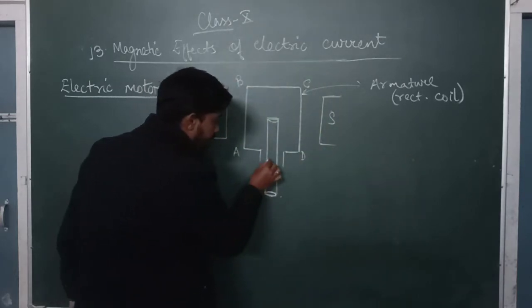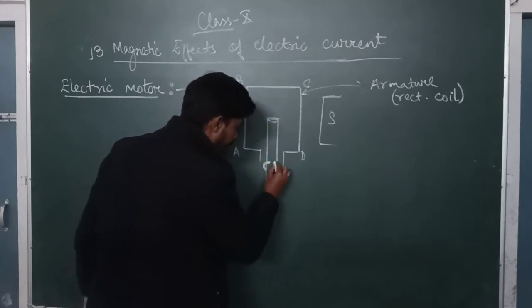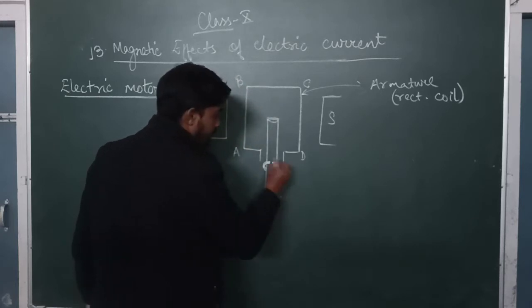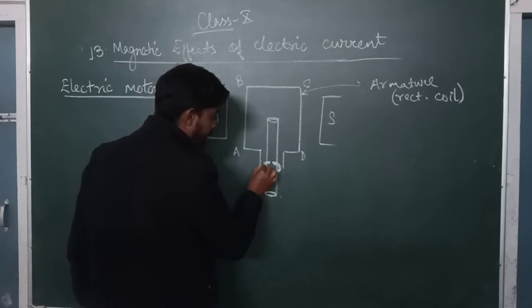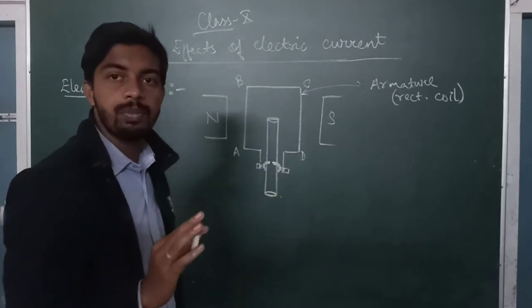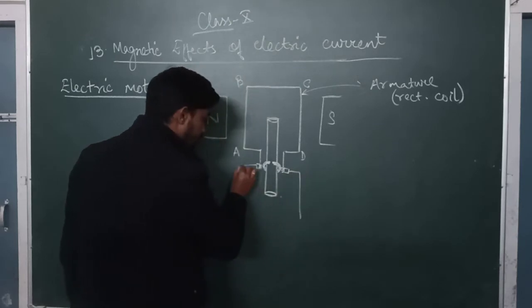These split rings are placed one here and one here in this part. Then these two points are connected to the split rings through brushes. There are two brushes, simple metallic brushes, and these brushes are connected to the power source.